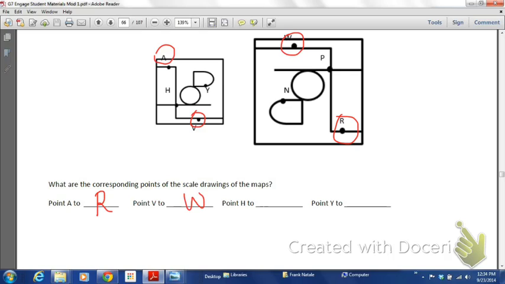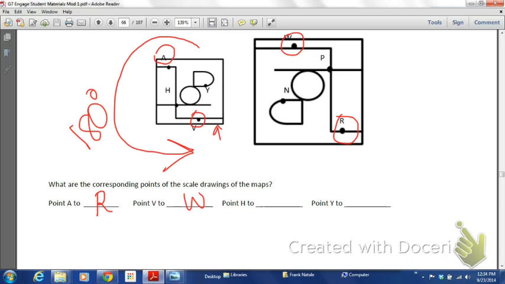And again, the reason they're in different locations is because, remember, we needed to rotate this one 180 degrees, okay, and they would be in the same place. And you can see what happened. You can see how A would end up right over here, where that is, and W would end up right here, where that is.